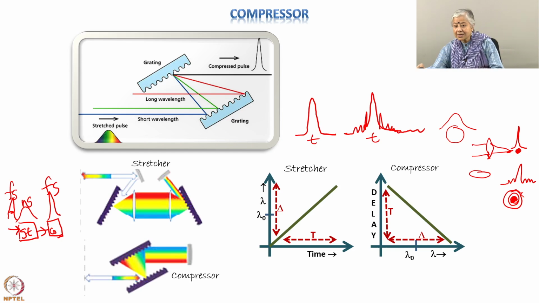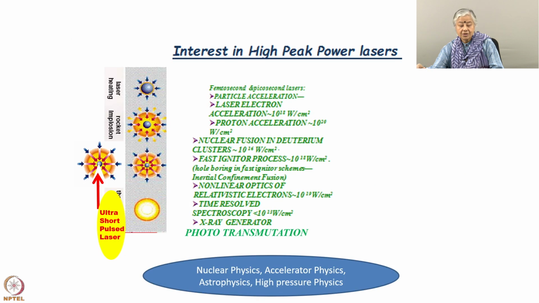So, let me go back and describe that original problem of fusion. Remember, I had said here you have the pellet, and you try to put laser beams from all directions, and then you try to get a compression because of the rocket effect.